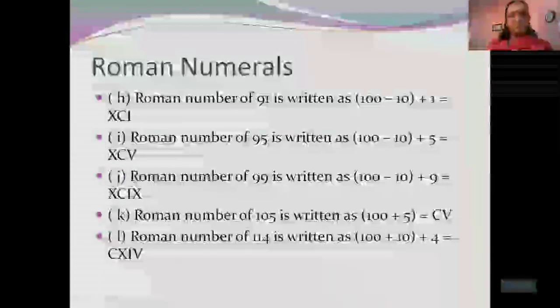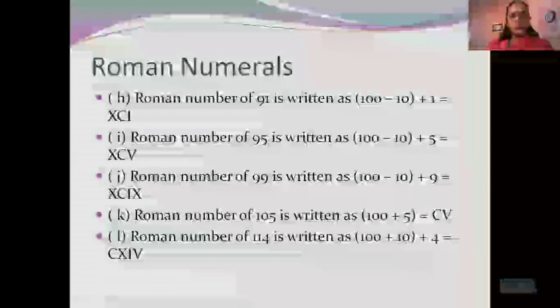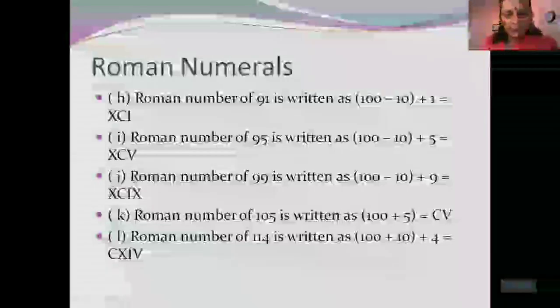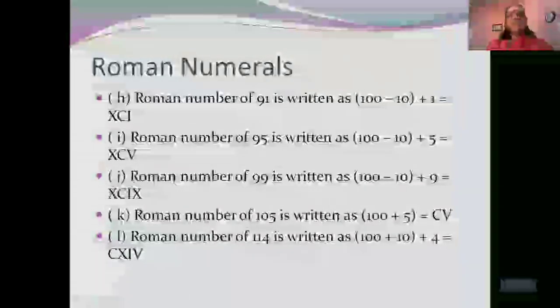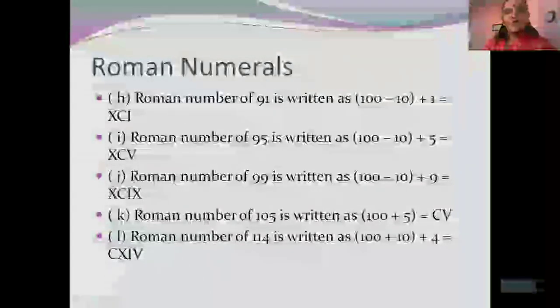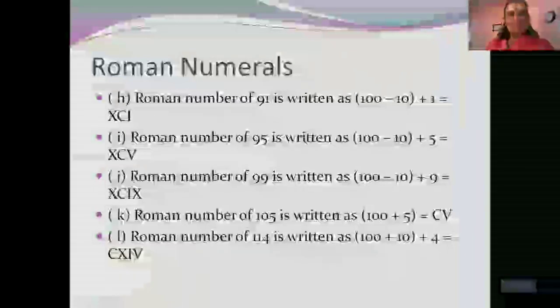And some more examples. The Roman numeral for 91 is 100 minus 10 plus 1, that is XCI. The Roman numeral for 95 is written as 100 minus 10 plus 5, that is XCV.